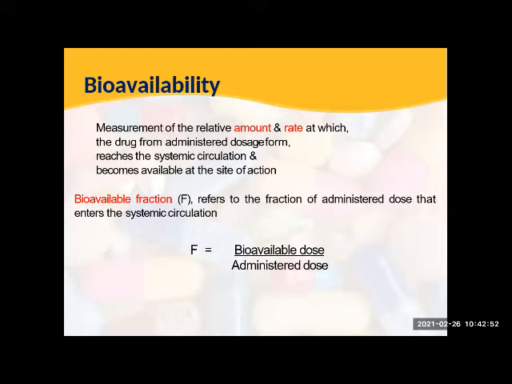So we have to collect the blood at certain time points, that is at 0 minutes, at 30 minutes, at 1 hour, 2 hours, 4 hours, 8 hours, 16 hours, 32 hours, like that.